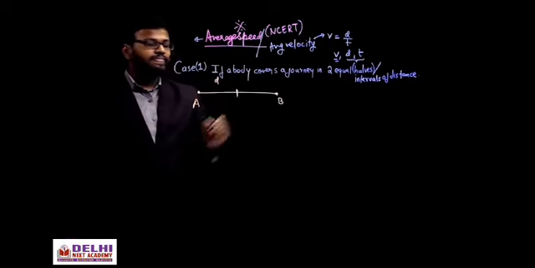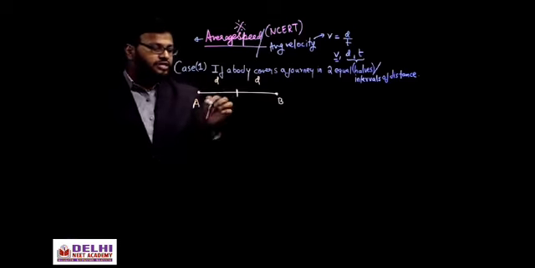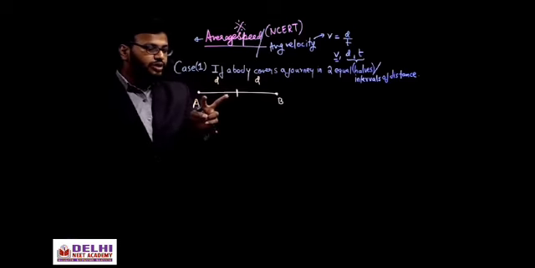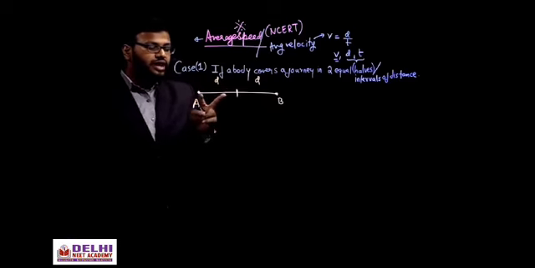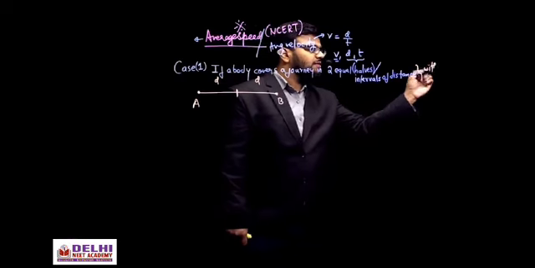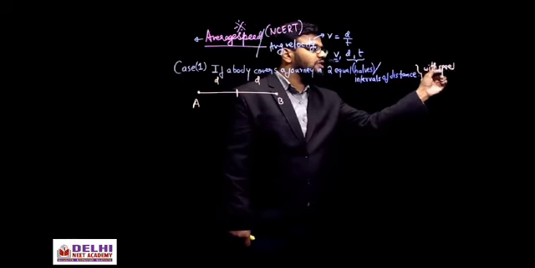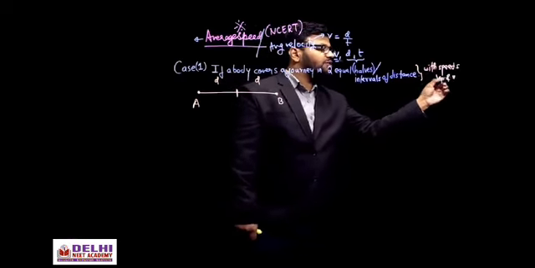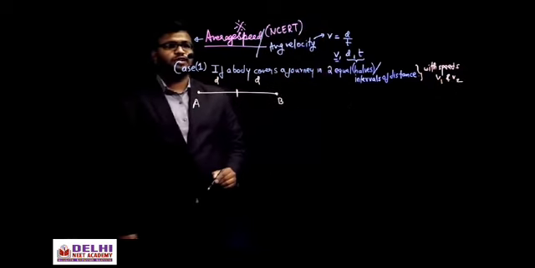So this will be d and this will also be d, with speeds v1 and then v2. I have to calculate the average velocity.